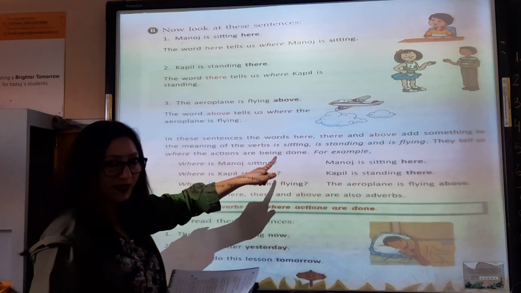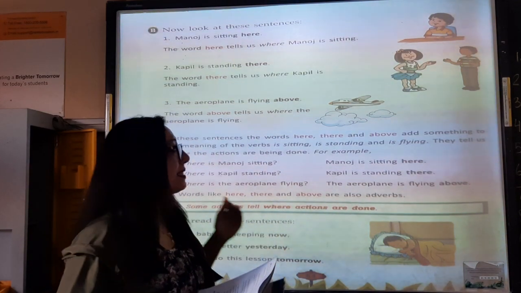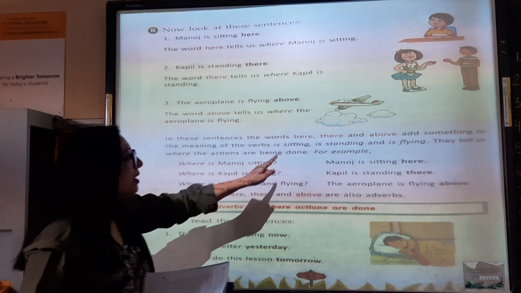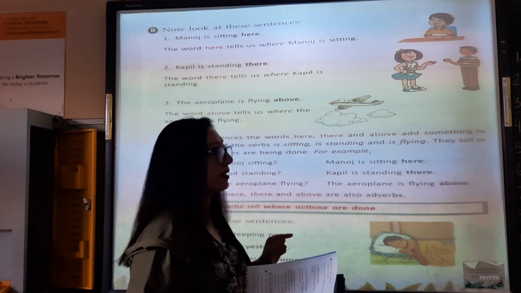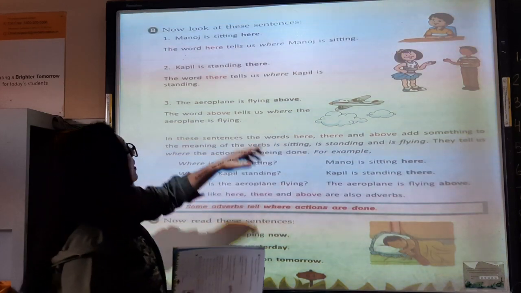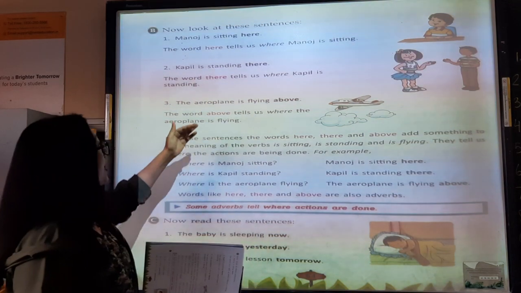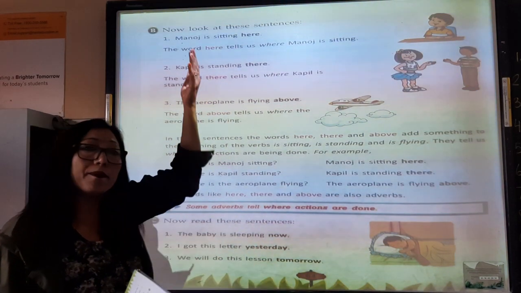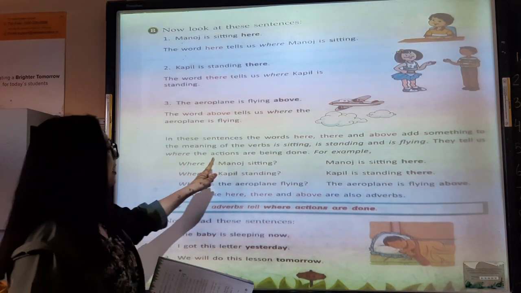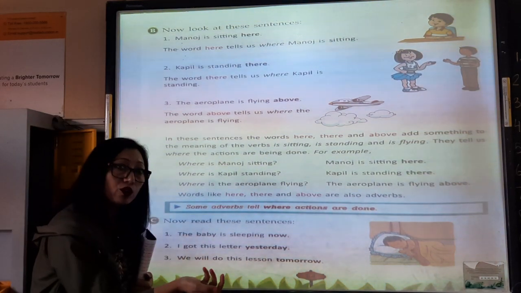In these sentences, the words here, there, above add something to the meaning of the verbs. Is sitting, is standing, is flying. So what are the verbs here? Is sitting. Where? Here. Is standing. Where? There. And is flying. Where? Above. They tell us where the actions are being done. For example, where is Manoj sitting?